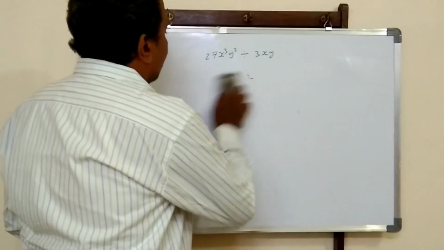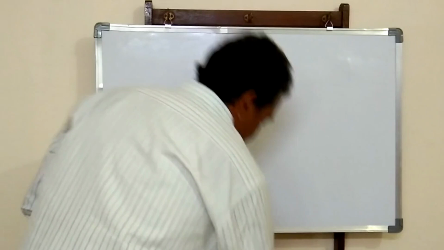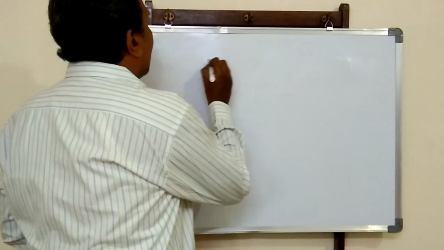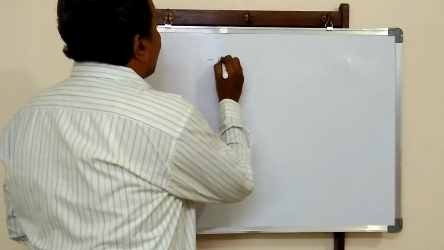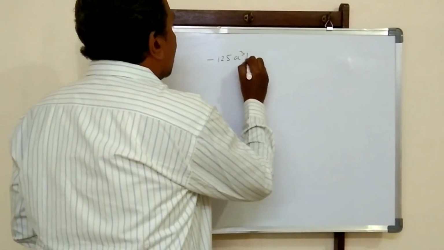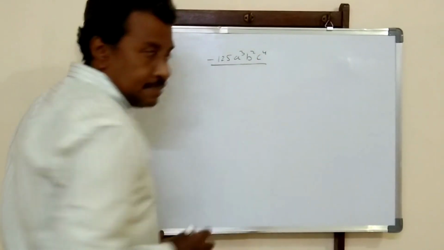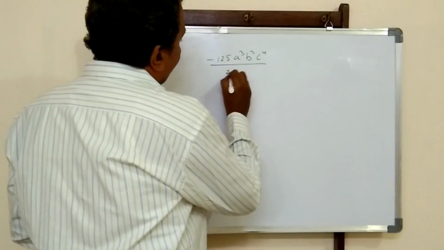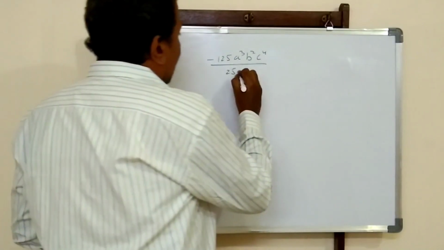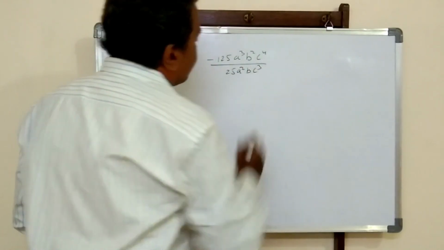We'll take one more example: minus 125 a cube b square c power 4 divided by 25 a square b c cube.